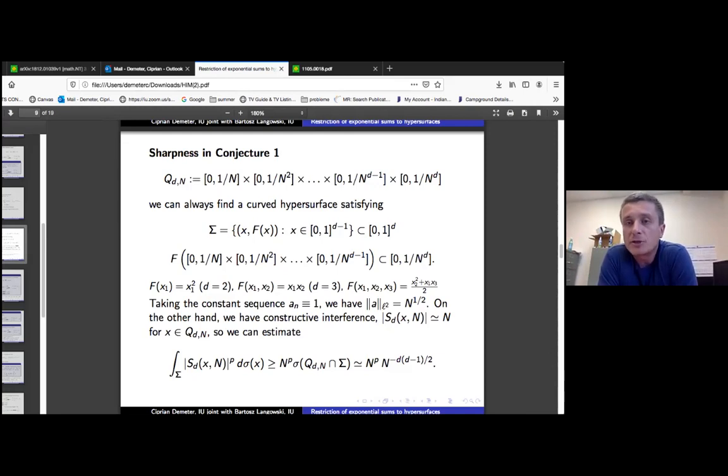What's special about this cube? It lies inside the d-dimensional torus, and it is the cube where the exponential sum associated with constant coefficients equal to 1 experiences constructive interference, in the sense that the whole sum doesn't have significant cancellations. The whole sum is roughly of magnitude n.